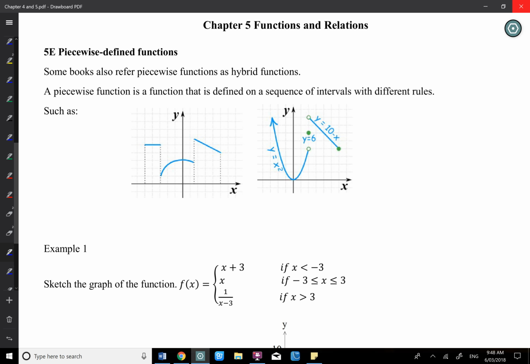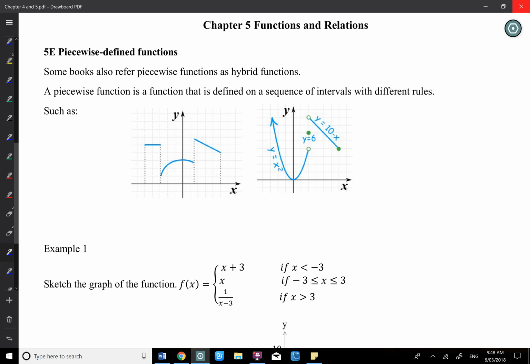It's not really something very new to you. We can use one equation to represent one graph. Normally the domain will be R, from that side to that side. But for some functions, I want to represent something, but I can't represent it by one rule. I need to give many rules to discuss that.